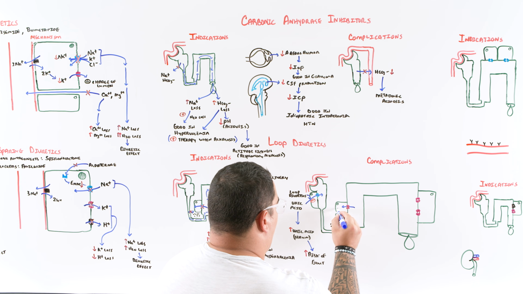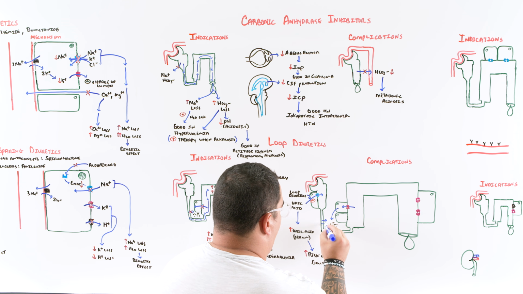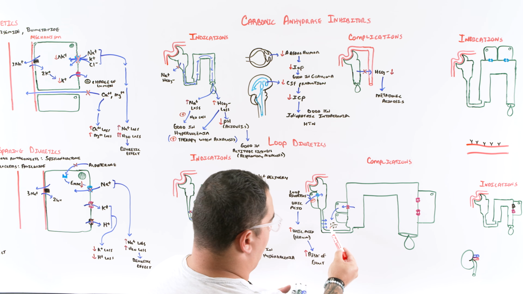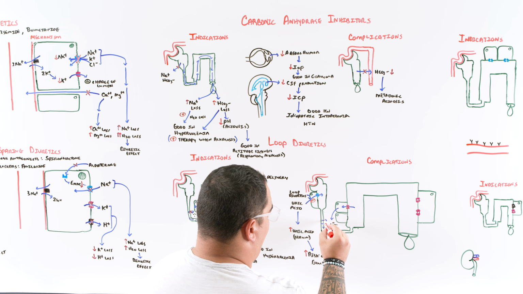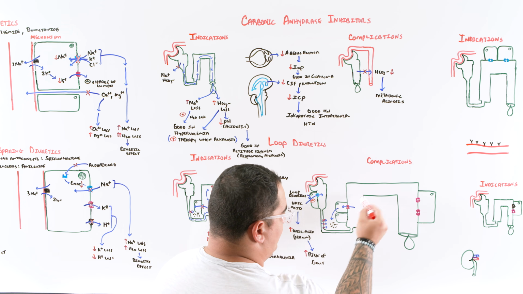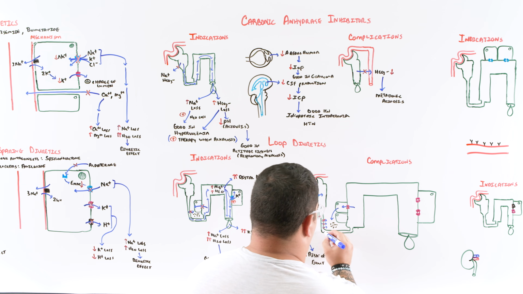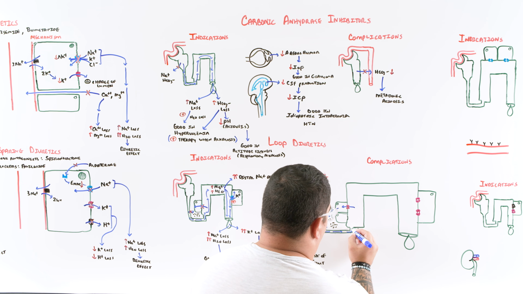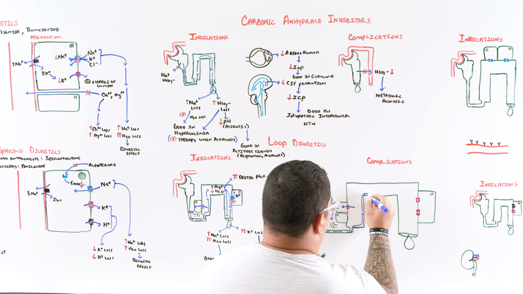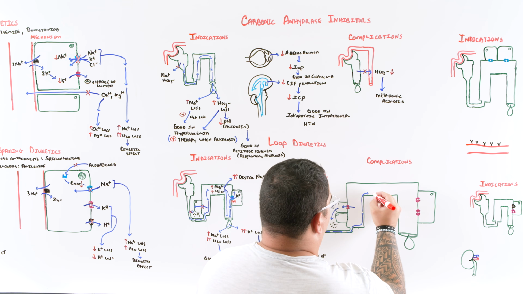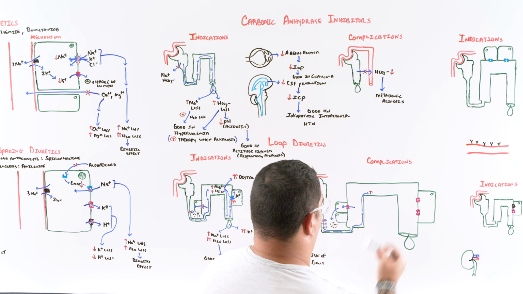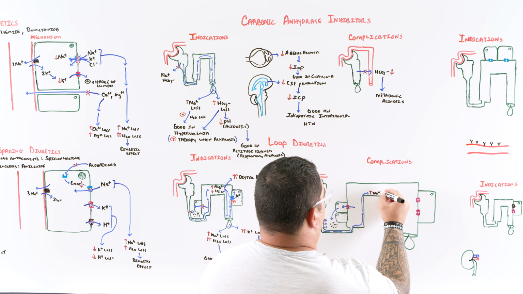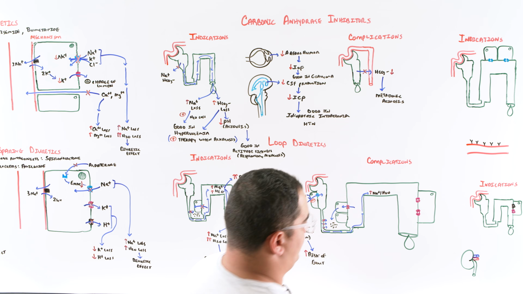If I have less of that sodium and chloride pumped out here, I know that I have less water being pumped out here, right? And so I'm going to retain a lot of sodium and water. And again, we already kind of hit this concept: if you do that, you're going to be delivering more sodium and more water to the distal tubule.